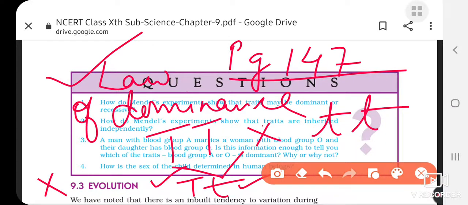So this is how Mendel's experiments show that traits may be dominant or recessive.